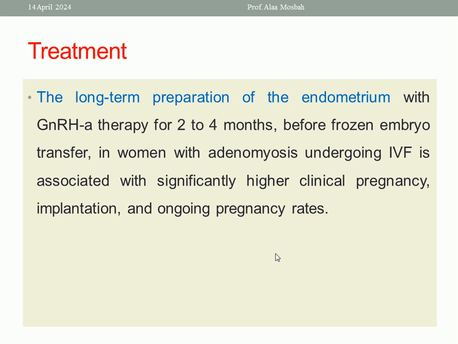So, in some studies, they found that if you give the patient GnRH agonist therapy for 2 to 4 months before frozen embryo transfer in women with adenomyosis undergoing IVF, there is a significantly higher clinical pregnancy rate, higher implantation rate, and higher ongoing pregnancy rate.